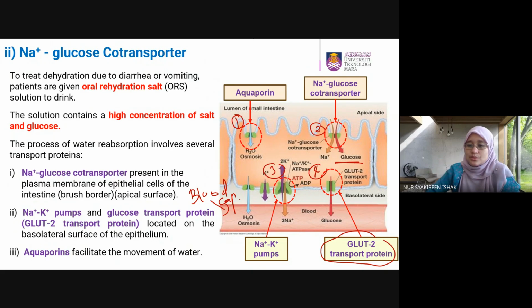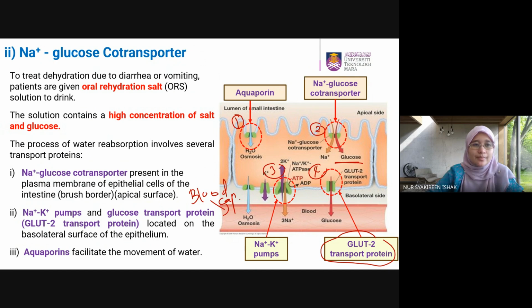Alright. So kan ada empat jenis transport protein yang awak kena fahamkan. Note kat situ. The aquaporins, the sodium ion glucose co-transporter, the sodium potassium pump, and also the glucose transport protein. Awak tak payah ingat GLUT2 pun tak apa, just ingat dia adalah glucose transport protein.